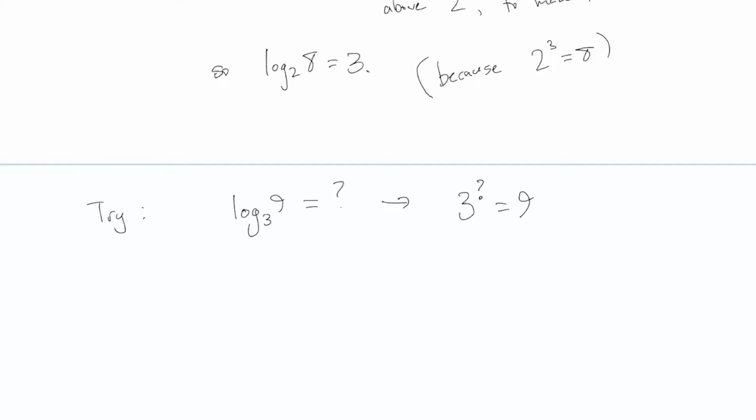All right? This little 3 here is the base. It's the base of the logarithm. So when you write the exponential format, it becomes the base of the exponential function. And then you just have to remember sort of this number here ends up over there on the other side of the equal sign. This is how you translate the logarithmic version into the exponential version. But anyway, once you write it in the exponential format, you should just be able to guess the answer.